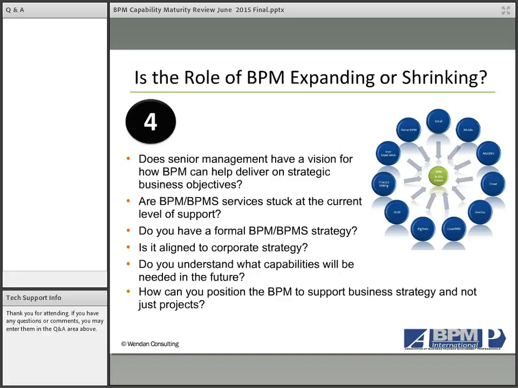And so you can look at where you are today and what's the reputation of the group in the company, and that'll be clearly reflected by the vision of how the group's going to perform and fit into the organization. And it's often eye-opening to a lot of people.